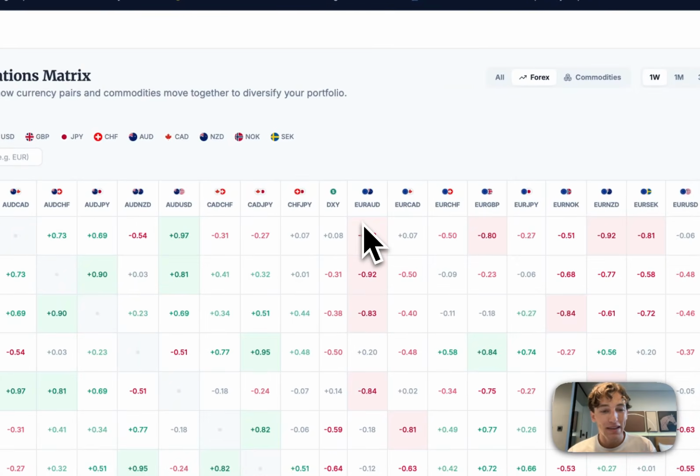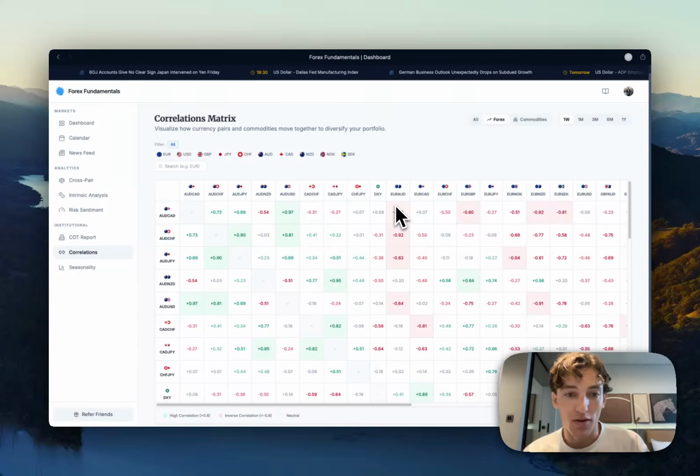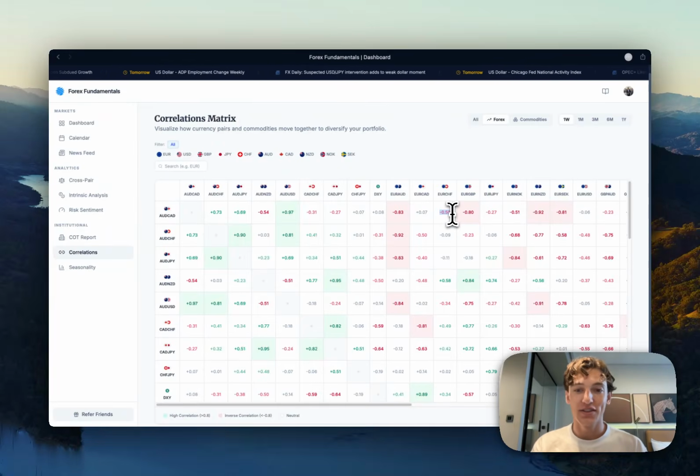So it might not be the best idea to long both AUD USD and AUD CAD. So what I can do is, if I long AUD CAD and I short, for example, Euro Swiss, there's only a 0.5, not as high of a chance that they both move in the same direction.